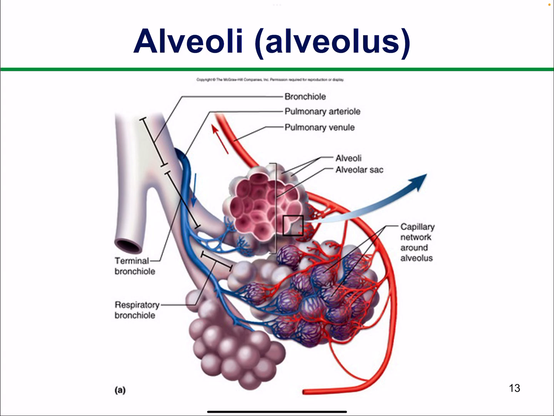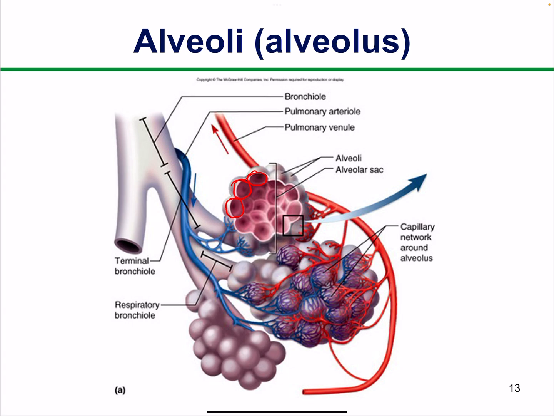The bronchioles end up forming some little sacs. This is one of them, this is another one, and the third one. These sacs are called alveoli: one alveolus, several alveoli. The alveoli are where the exchange of gas happens.